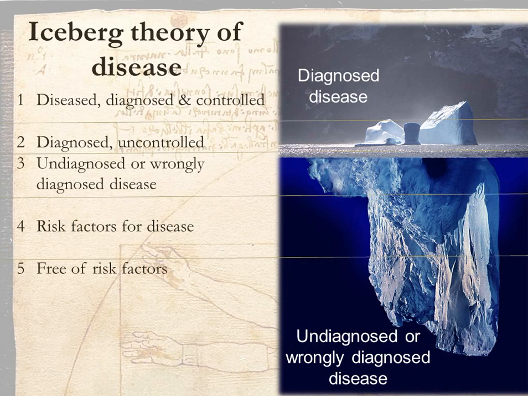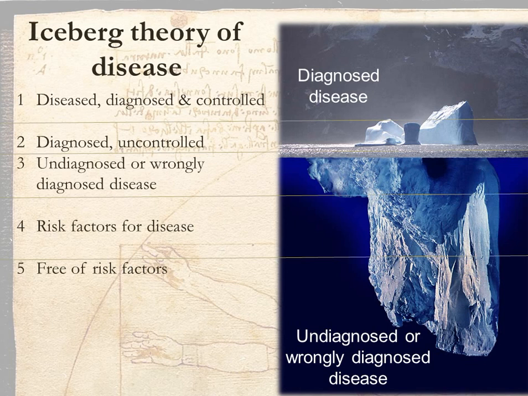And what's interesting is what they call the iceberg theory of disease, with somebody like Magic Johnson. When you look at diseases that are diagnosed, it's just the tip of the iceberg. There's a lot of disease and a lot of unhealthy situations out there. So when somebody goes in and gets diagnosed with a disease, that's the tip. There are a lot of people out there that are diagnosed but can't control it, and even more that are undiagnosed but actually have the disease, or people that are wrongly diagnosed. They're false positives, in other words.